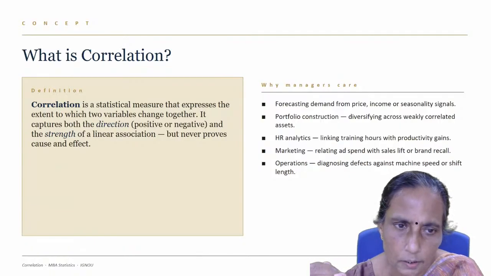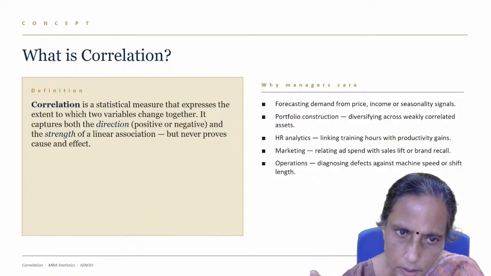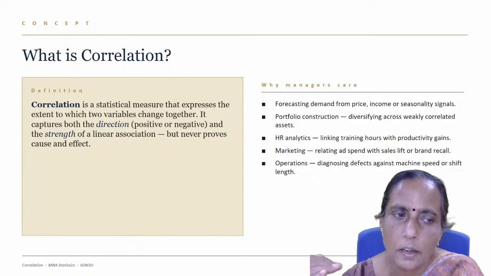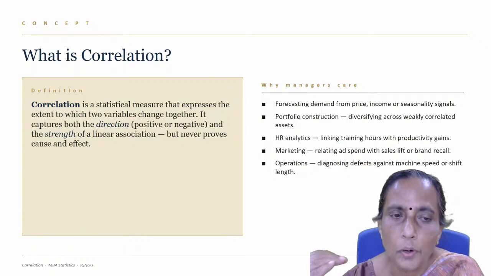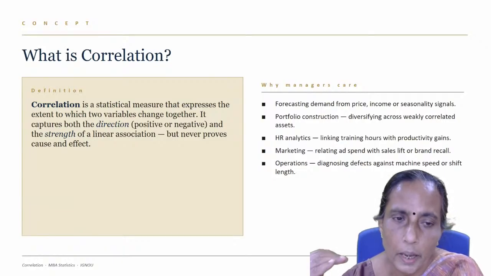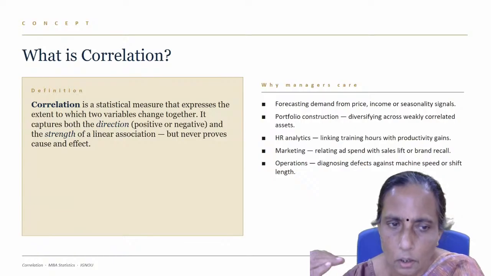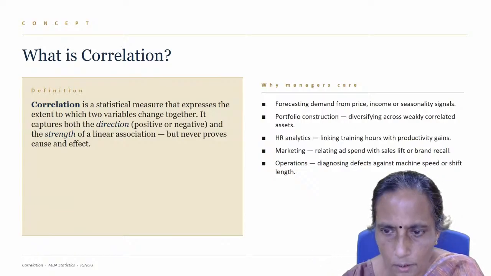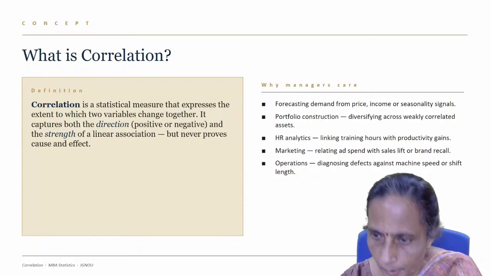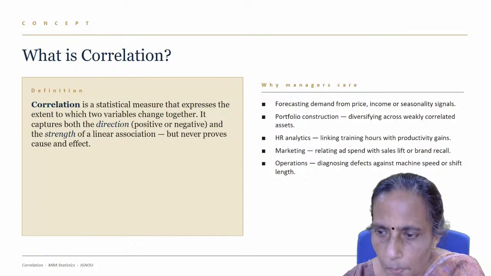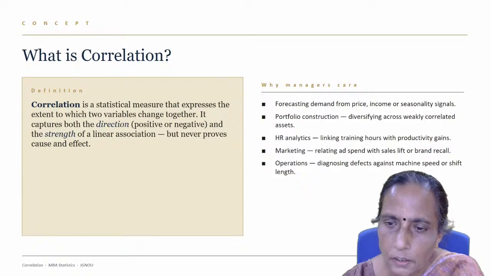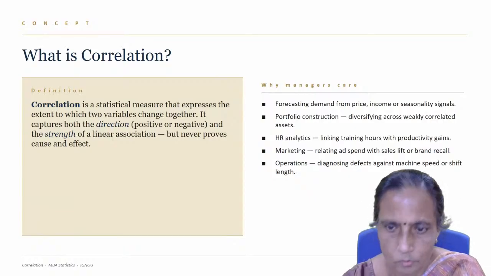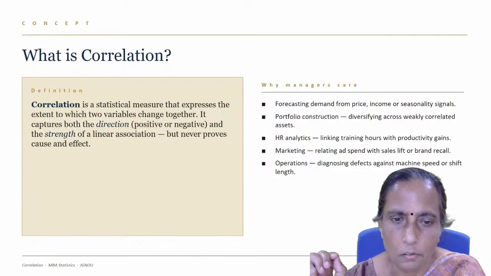Correlation is basically a statistical measure which measures the extent to which two variables change together. That means, if the temperature changes, what will be the effect on a certain drug on a human being or for a specific disease?